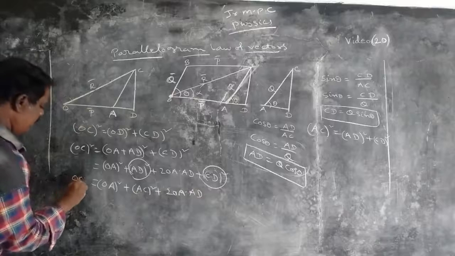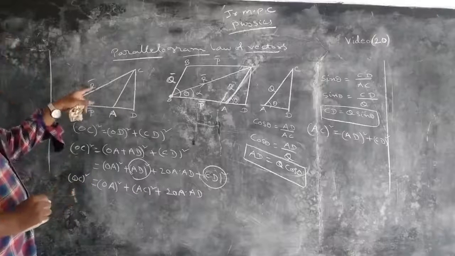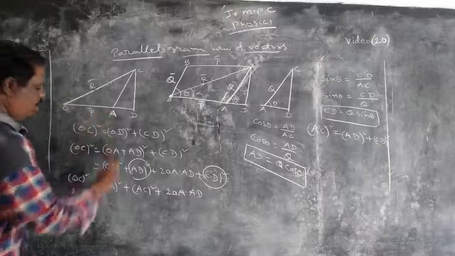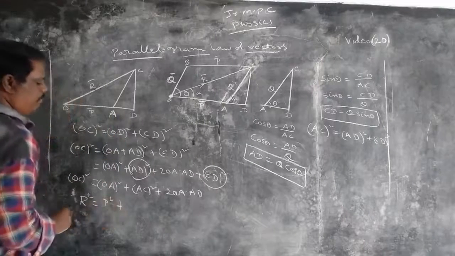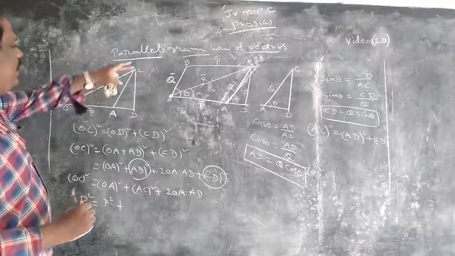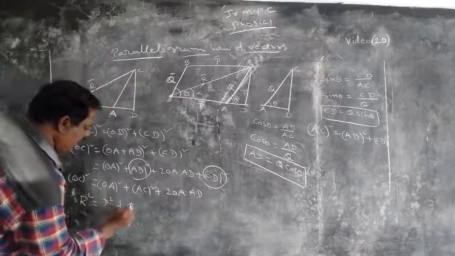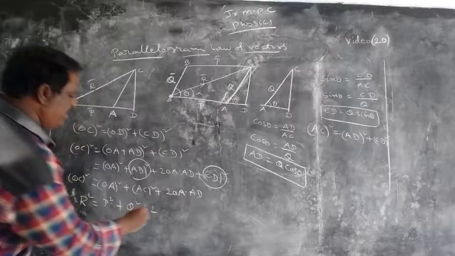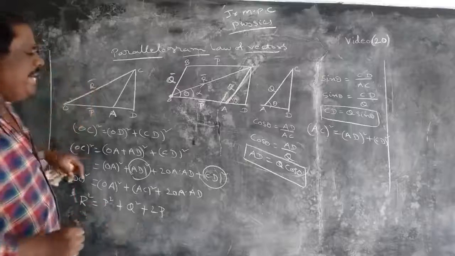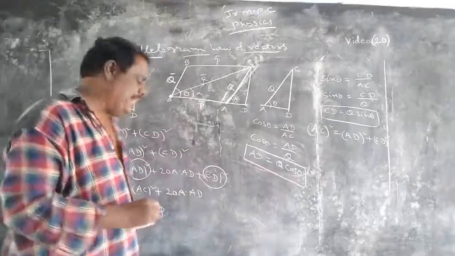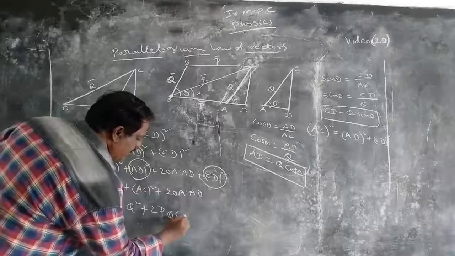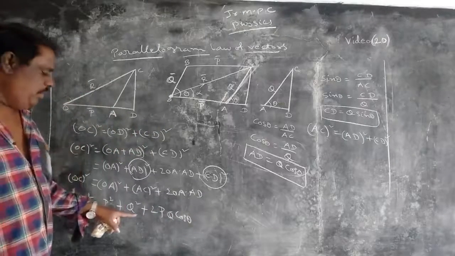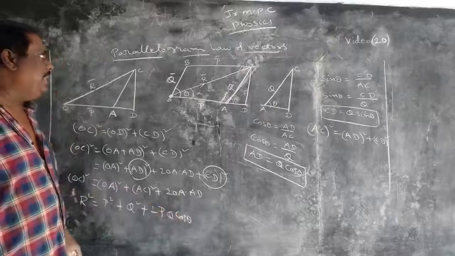This is OC square, and OC value is R, so it becomes R square. OA value is P, so P square plus AC square, and AC square is nothing but Q square, plus 2 times OA, which is P, times AD, which we calculated here as Q cos theta. That means R square is equal to P square plus Q square plus 2PQ cos theta.